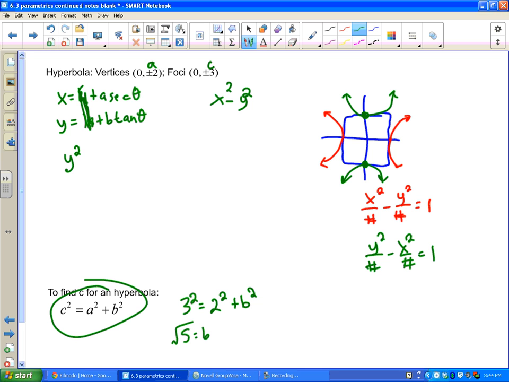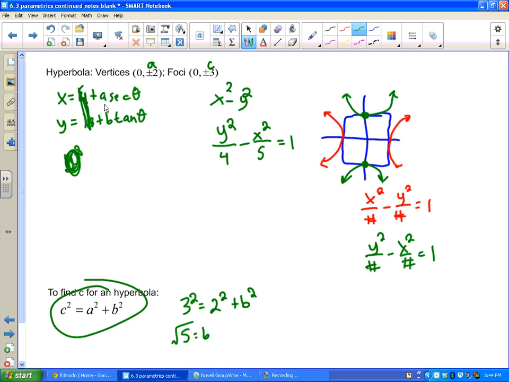If we were writing this as a standard form, we would write y squared over a squared, which in this case is 4, minus x squared over b squared, which would make that 5, equals 1. This is the standard form of this equation, but that's not what we want. We want the parametric equations.